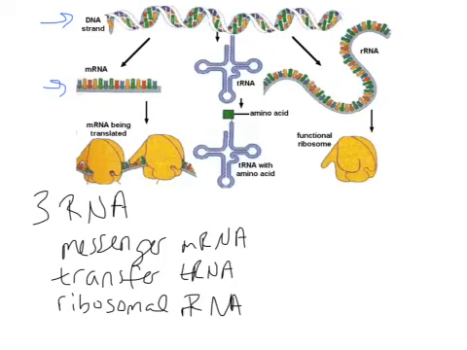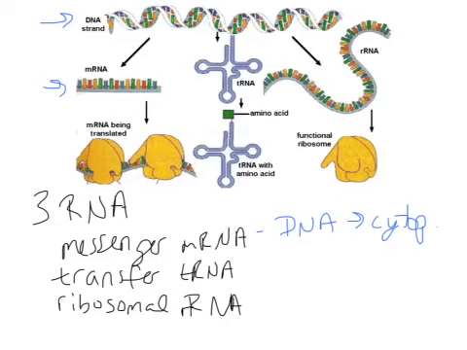So the mRNA, or the messenger RNA, is the RNA that takes the information from the DNA out to the cytoplasm. Remember, this is what's going to determine our amino acid sequence for the protein, because what amino acids come over and bind together to form the polypeptide chain is based on what this messenger RNA says.